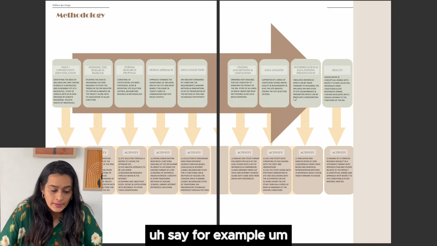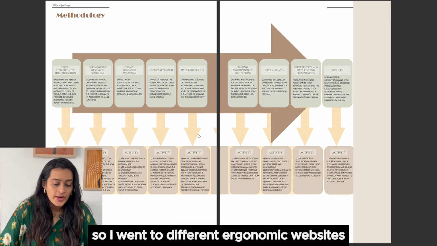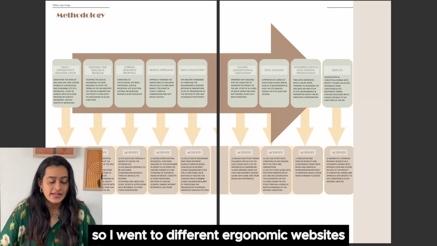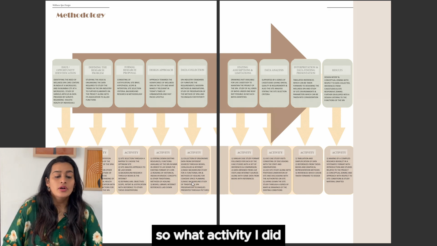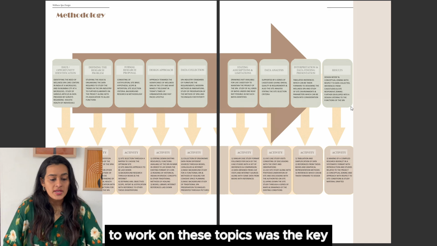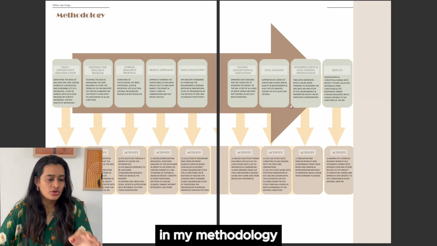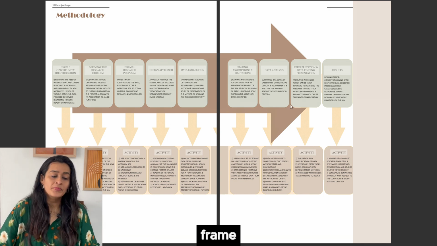Say for example, data collection, so I went to different ergonomic websites, I went through different books to get the data. So what activity I did to work on these topics was the key in my methodology frame.